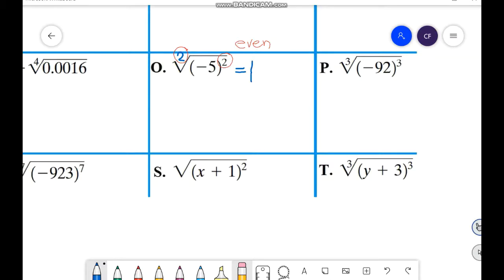You can simplify, but you need to apply absolute value to this number, the absolute value of negative 5, which equals 5. When you have even exponent and index, you will have an answer that is non-negative. That means it's 0 or positive. Okay, it's going to be 0 or positive.